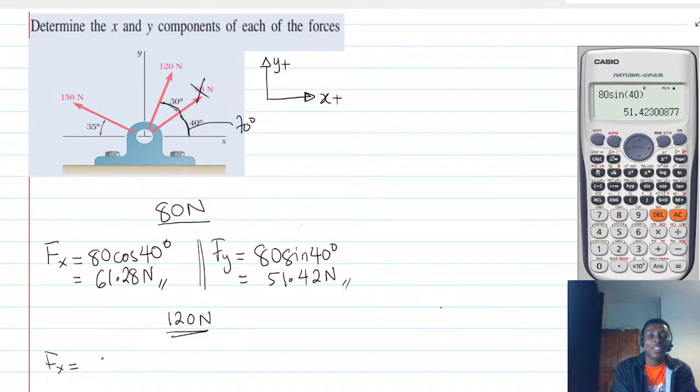So now Fx is going to be what? Picture this as we have 120 somewhere here, and then we are resolving into x and then y. So picture it as something like this. And then this is like 70 degrees, and this is like 120 newtons. Now the x component is going to be 120 cosine 70 degrees. Is that right? And then what is that?